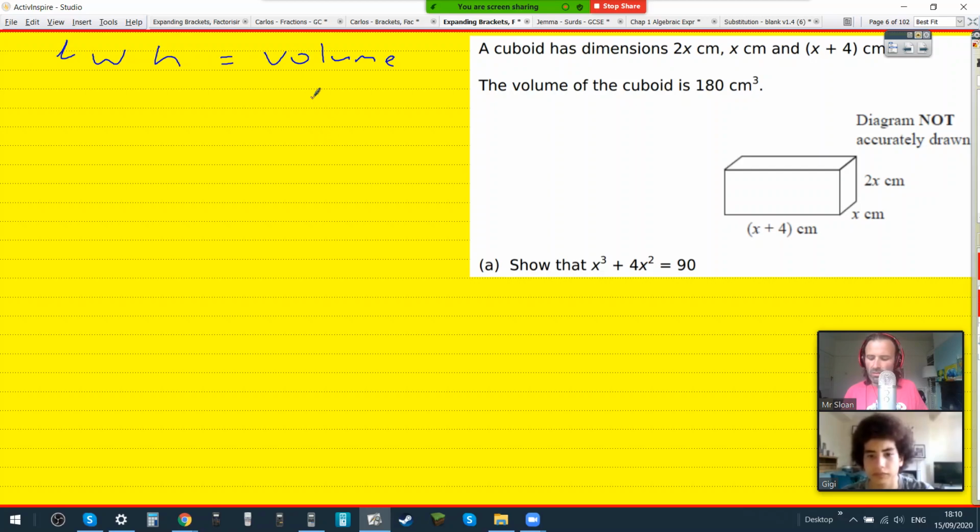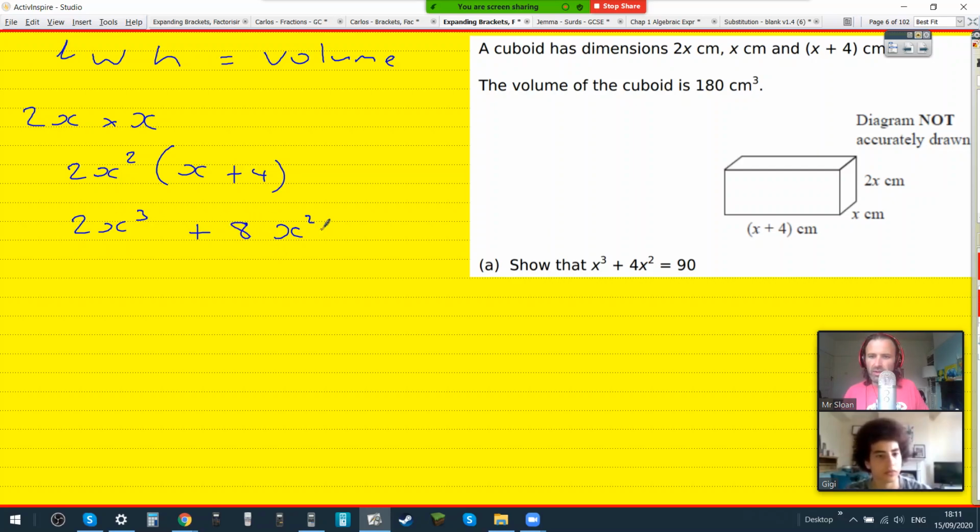So we'll have to figure that out first. 2x times x would be 2x squared. Then 2x squared times x plus 4 would be 2x cubed plus 8x squared.